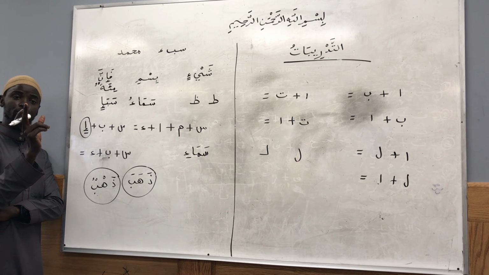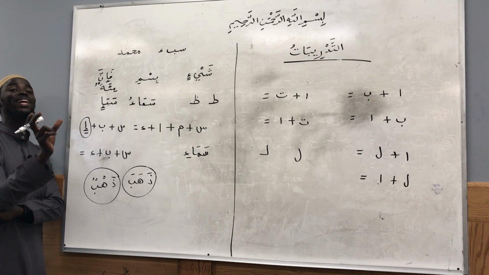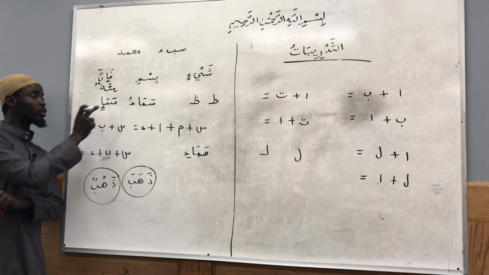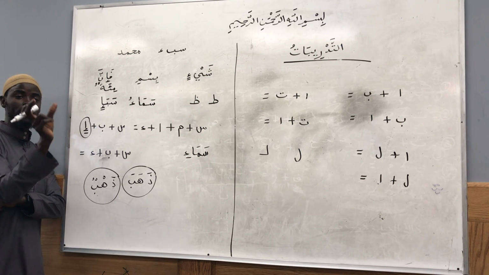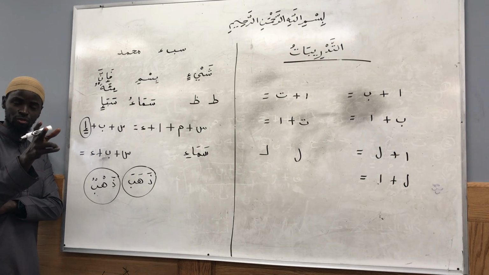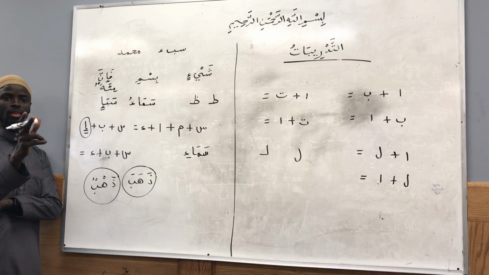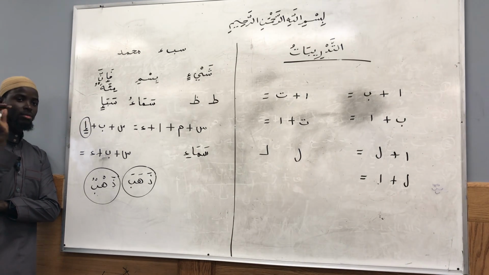You don't read it hamza. If you connect them together, if you want to read them, you have to read them with the vowels. So if you read them with the vowels, it's going to be the same sound, with the alif and with the hamza. The same sound.